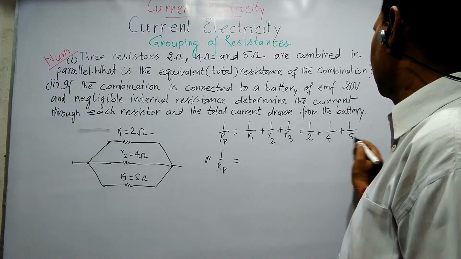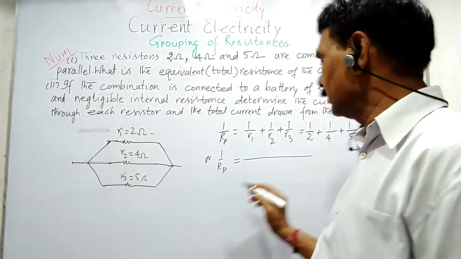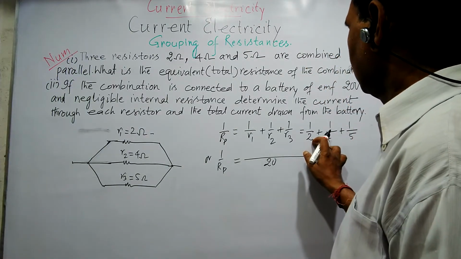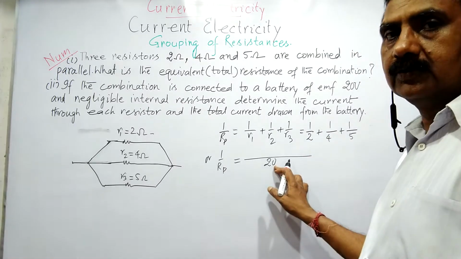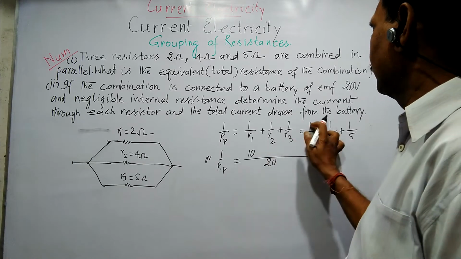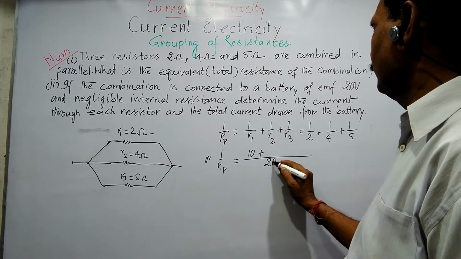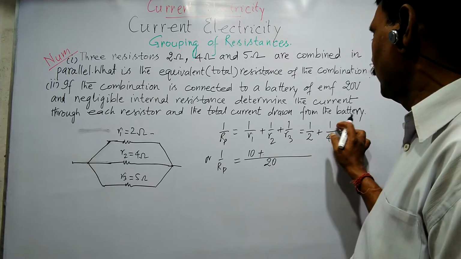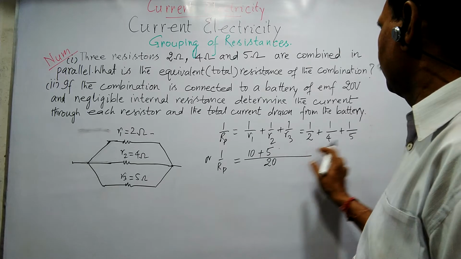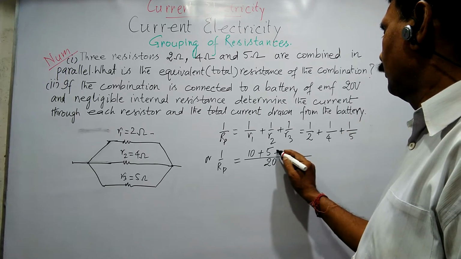Let us take LCM. What is the LCM? Here LCM is 20. Then 20 divided by 2 is 10, into 1, 10, plus 20 divided by 4 is 5, into 1, 5, and 20 divided by 5 is 4, into 1, 4.